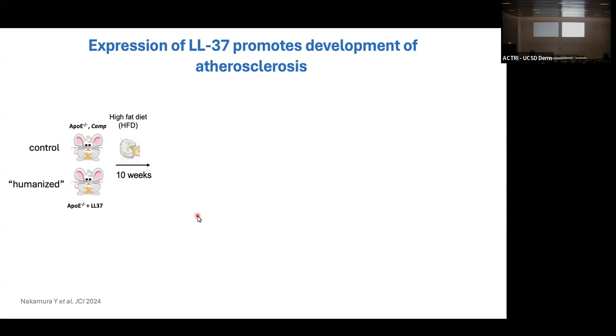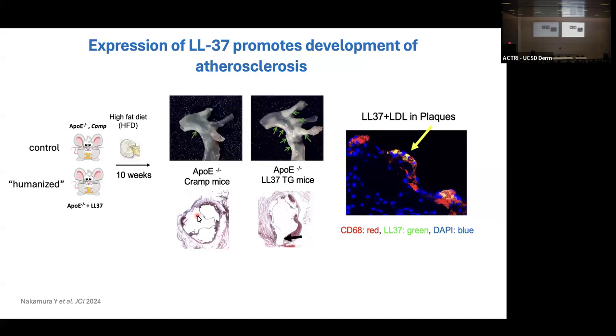You also have to do another little genetic manipulation by deleting ApoE that makes them somewhat slightly susceptible to atherosclerosis. So we get asked a simple question: if you have too much LL37, too much of the antimicrobial, like you do in psoriasis and in rosacea, are you more likely to get cardiovascular disease? And we can do this now in 10 weeks instead of over a lifetime of an individual. And the answer to that question is yes, a lot.